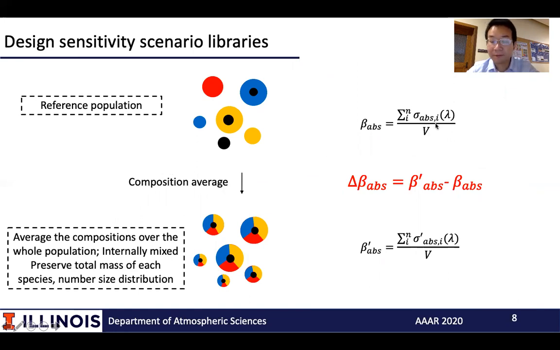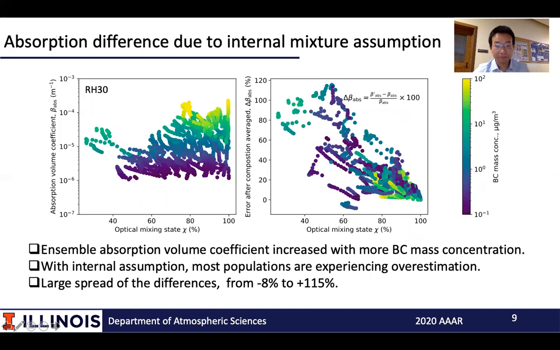We calculate the cross-section of each particle at a wavelength of 550 nanometers and divide by the computational volume, and we get the ensemble absorption. In the end, we want to quantify the changes of ensemble absorption due to the composition average assumption, the internal mixture assumption.